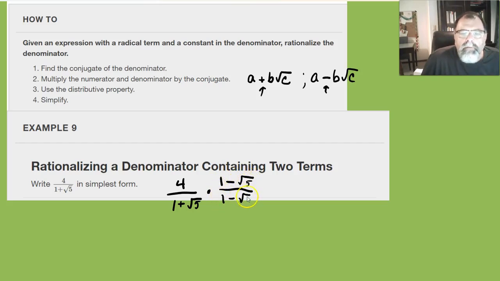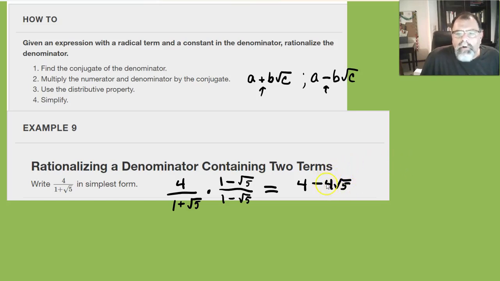Okay, so again, this is 1. Anything divided by itself is 1, so we're not changing the value. We're just simplifying, making it look different. So on the top, we've got to distribute. So 4 times 1 is 4. 4 times square root of 5 is 4 square root of 5.